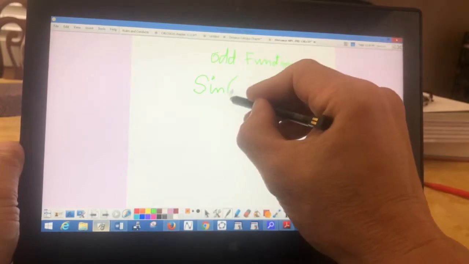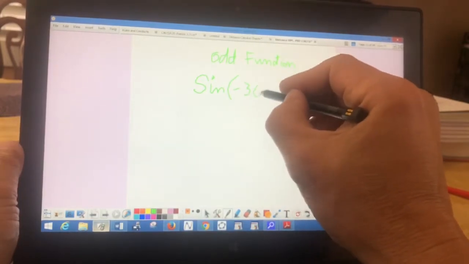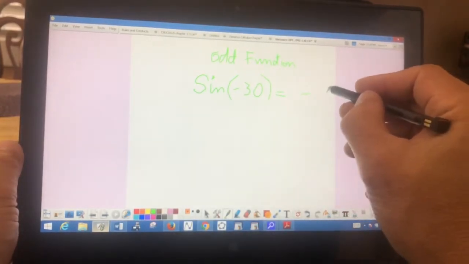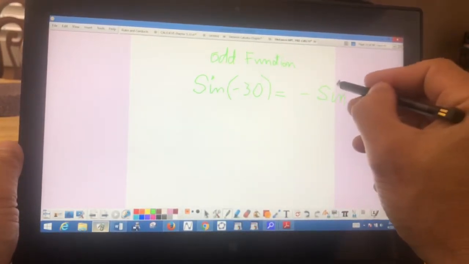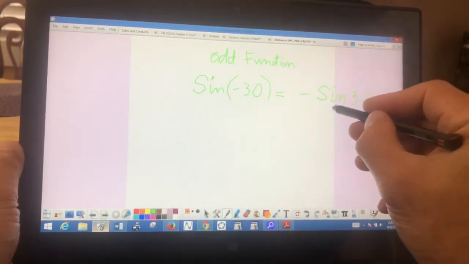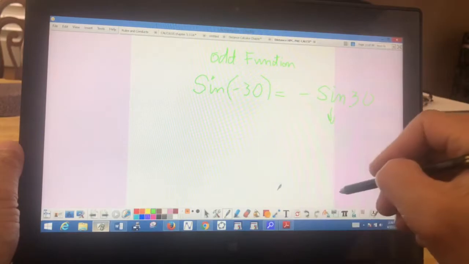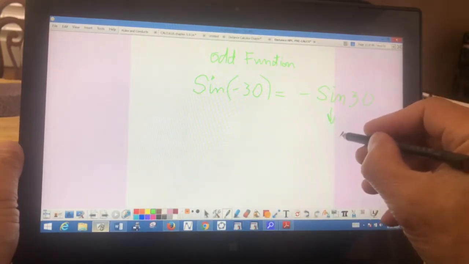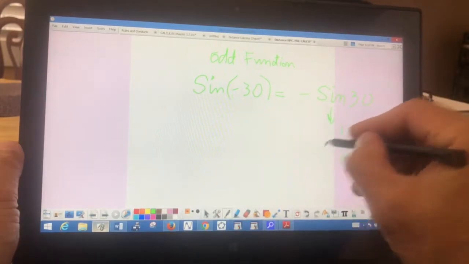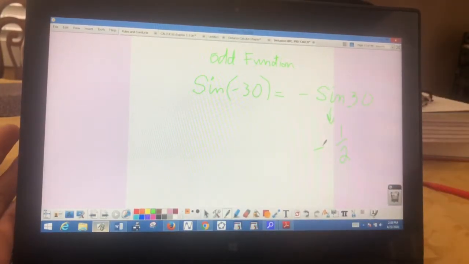So let's say sine of negative 30 degrees. You can think of it as negative on the outside and then sine of 30 degrees. Okay? So now how much is sine of 30 degrees? That should be 1/2. And then your negative comes around, it's negative 1/2.